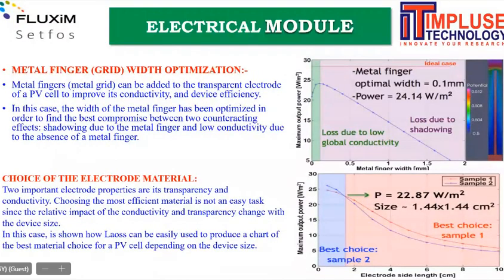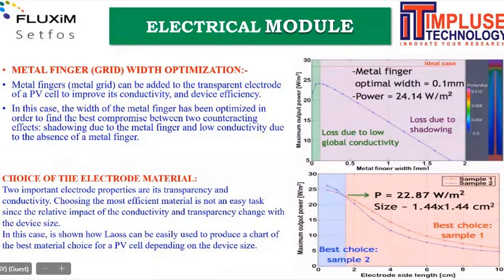Now in this same electrical module, if you want to optimize your device, a metal finger grid option is there. So you can create multiple metal fingers. Metal fingers in the sense that there are some strip lines on your solar cells. That strip line geometry can be created in the tool and it can also be optimized.